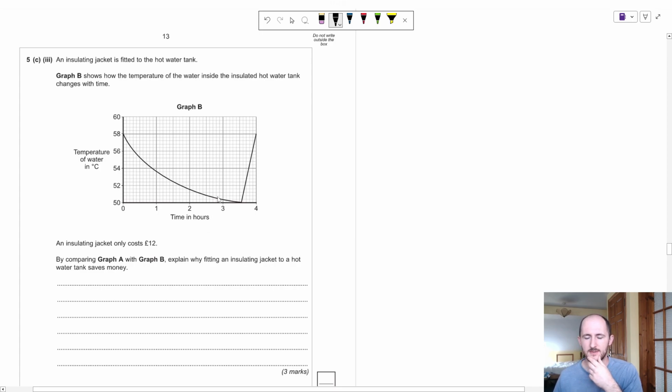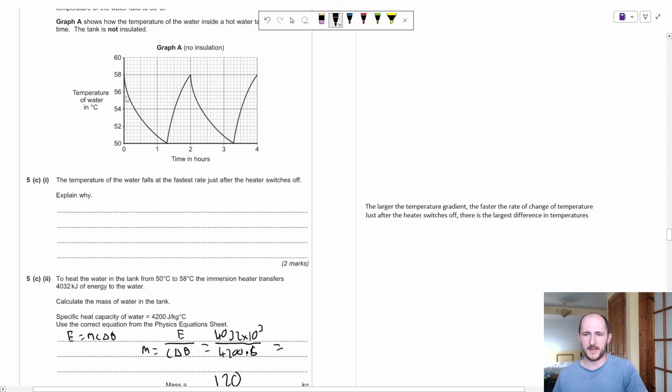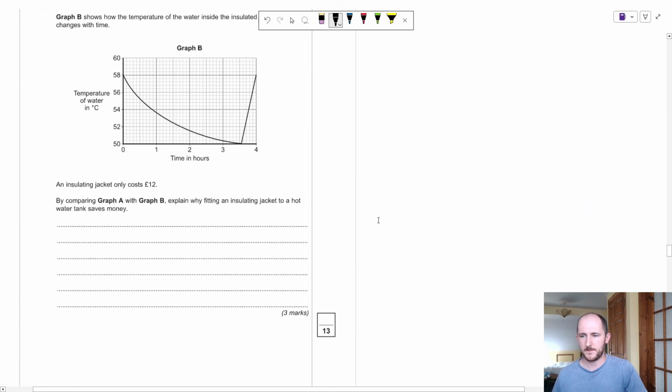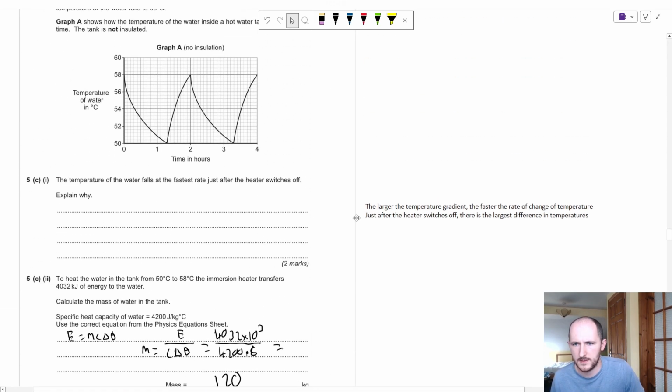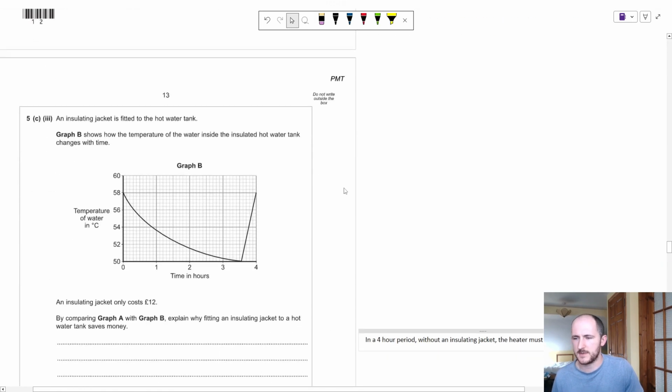I don't even need to compare it, but if you look here, you have to turn on the heater a lot more frequently. So, you know what? In a 4-hour period, without an insulating jacket, the heater must be turned on 1-2 times, right?